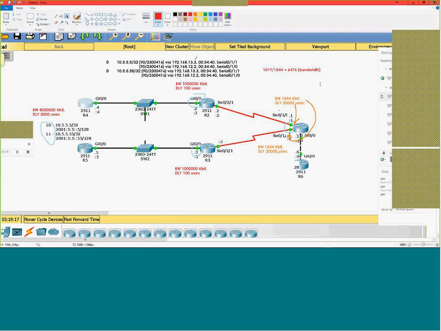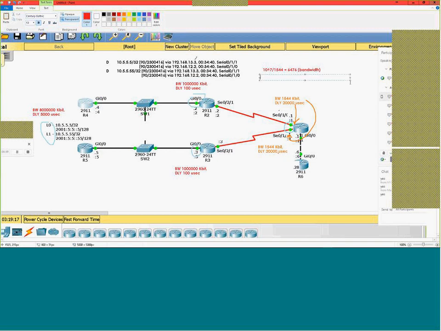Now the delay formula is the sum of all the delays along the path in microseconds divided by 10. So I've got 20,000 plus 100 plus 5,000 is 25,100. You guys agree?